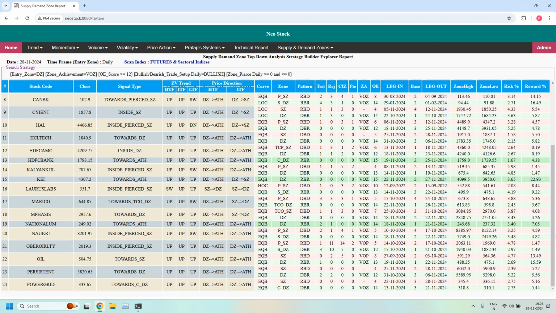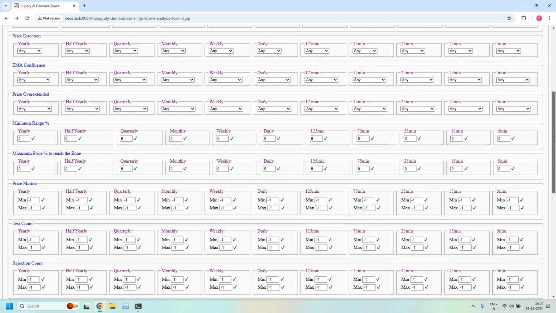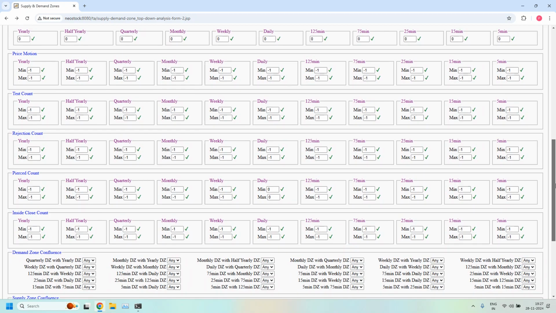Out of these 24 stocks, there could be high probability setup supported stocks might be available. So that's why the first filter is based on LTF and ITF demand zone confluence. So with this, I'm going to add LTF and ITF demand zone confluence.